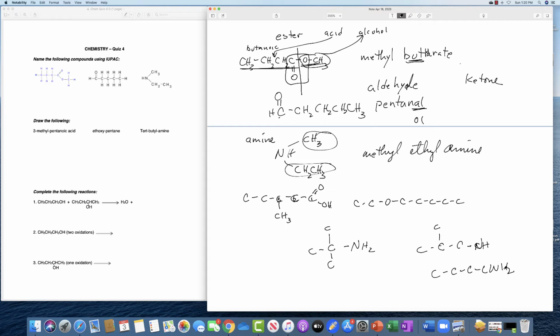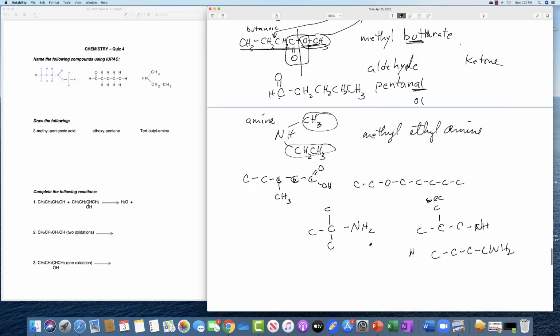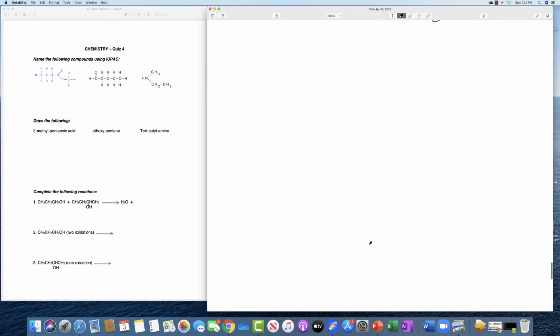And so this is called tert-butyl. I think this one's sec, and this is N, or normal, okay? And so tert-butylamine means that there are 3 methyl groups around a single carbon attached this way. This is just something you would have known having studied that in the book.